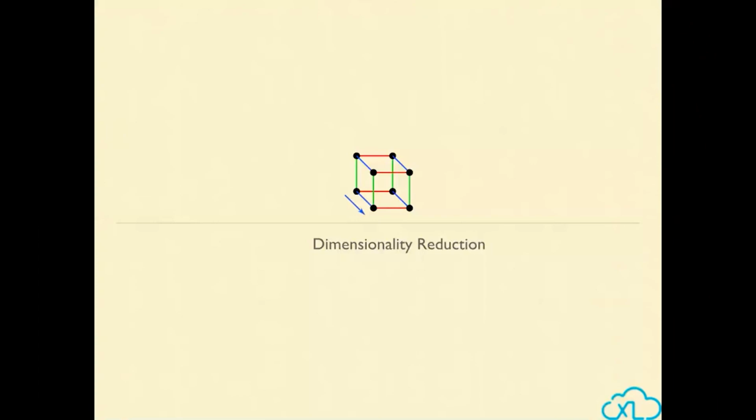All right, wonderful. Great. Shall we start with our dimensionality reduction? So far we learned various techniques.